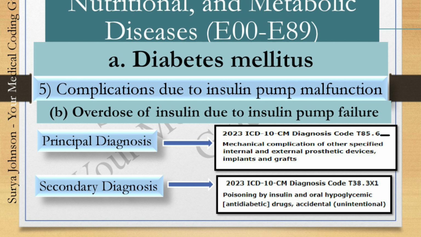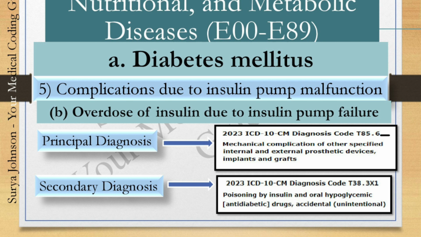So when there is an underdose, we call that underdose only. When there is an overdose of the prescribed medication, we call it poisoning. So in this case of poisoning, we should mention whether it is accidental, that is unintentional, or intentional. Whenever you find the documentation that has poisoning documented, you should find out whether it is intentional or unintentional.